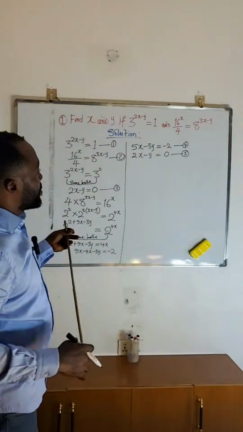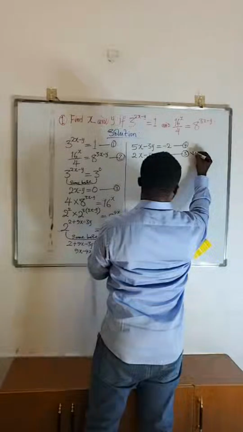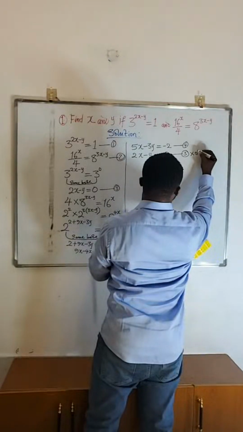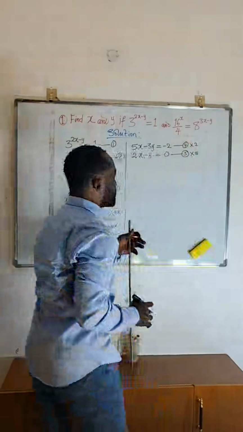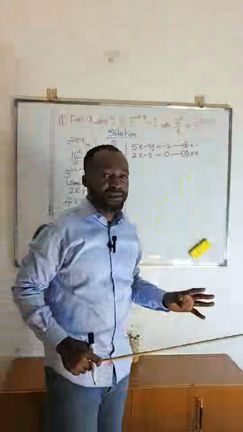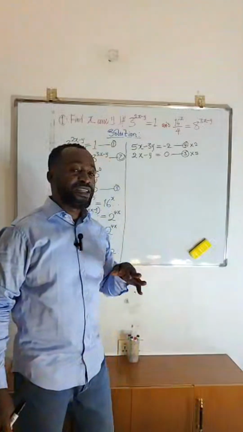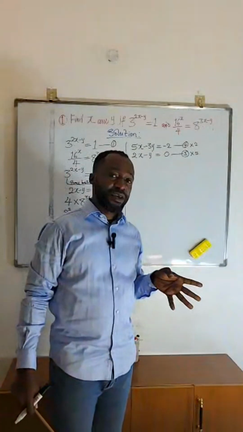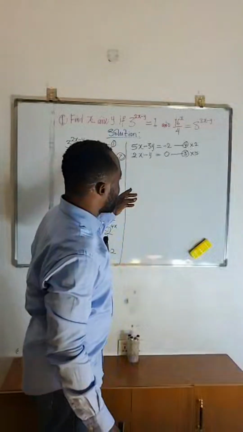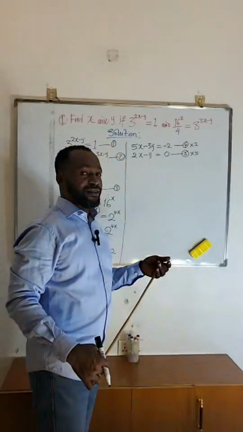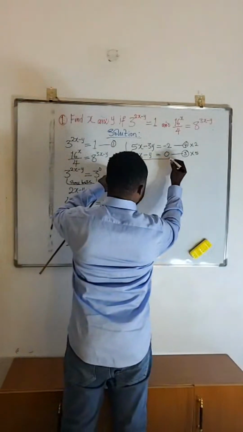So if you multiply equation 3 by 5 and then multiply equation 4 by 2, the essence is we have to eliminate one of the variables there. It's either we eliminate variable y or x. But in this case, let's first of all eliminate x. So let's do the multiplication first.